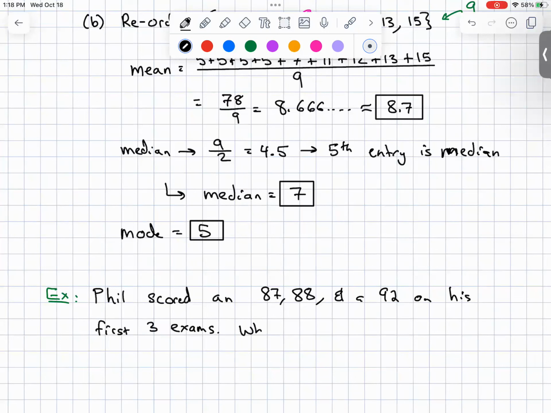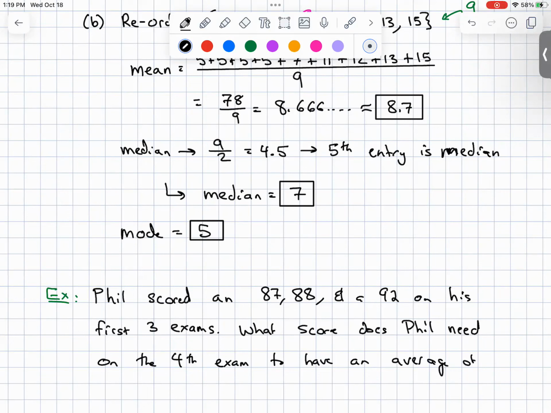What score does Phil need on the 4th exam to have an average of 90?